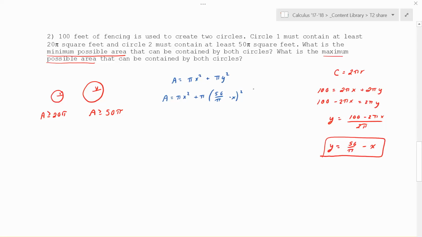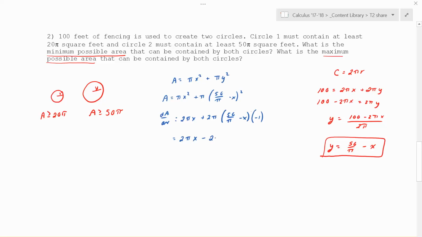So I need to take a derivative, and I have dA/dx equals 2 pi x plus 2 pi times the contents of the parentheses raised to the first power, and by the chain rule, the derivative of negative x is a negative 1. So I've got 2 pi x. Let's bring this negative out front.